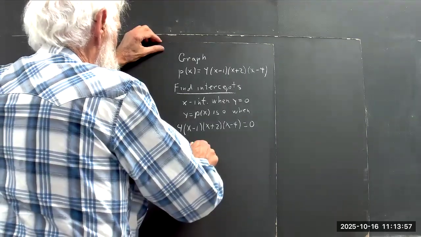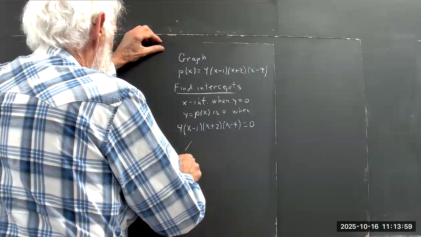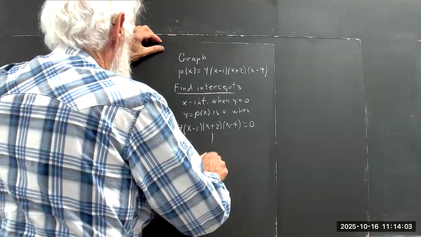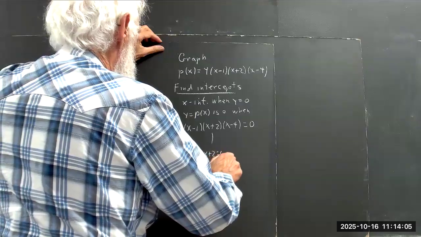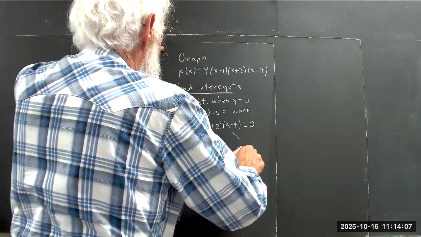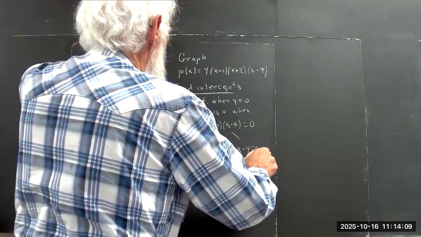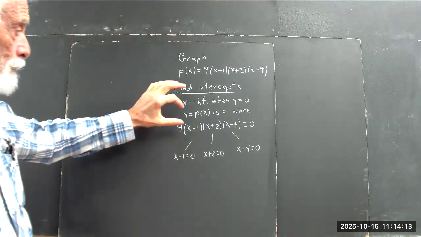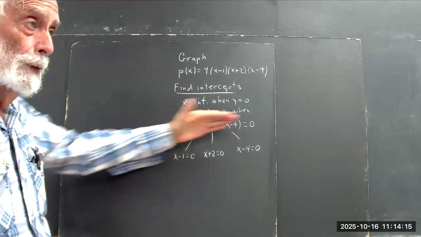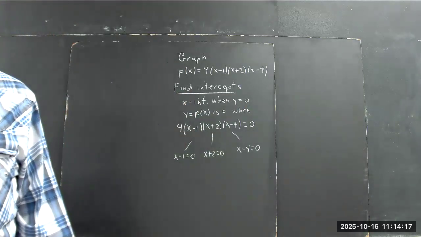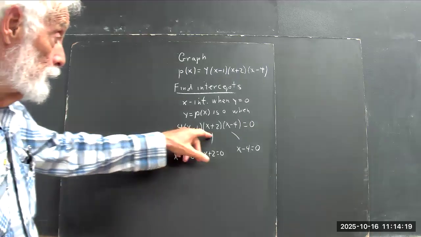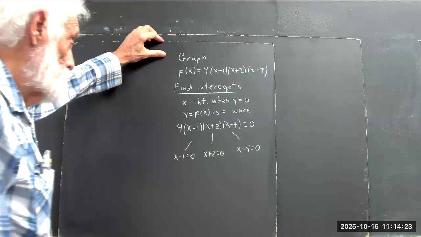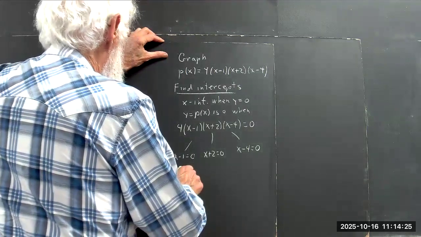This breaks into three equations. Because one of these being 0 makes everything 0. And if none of these is 0, it's not 0.